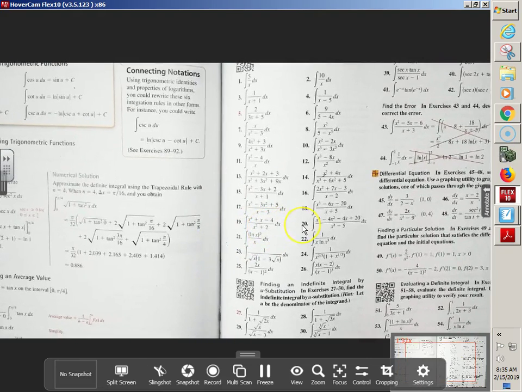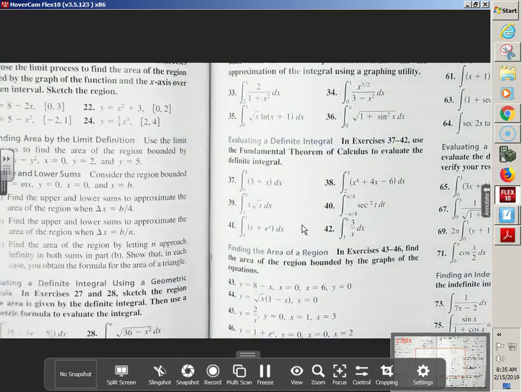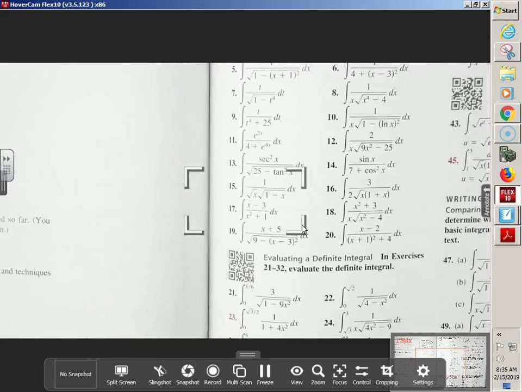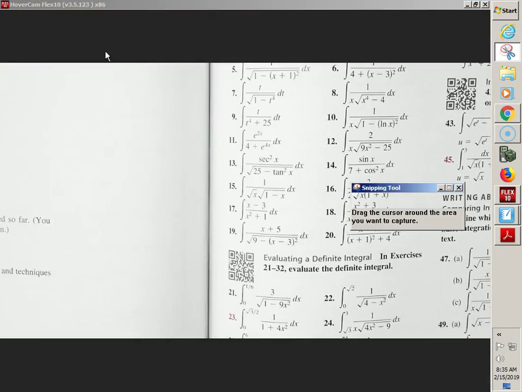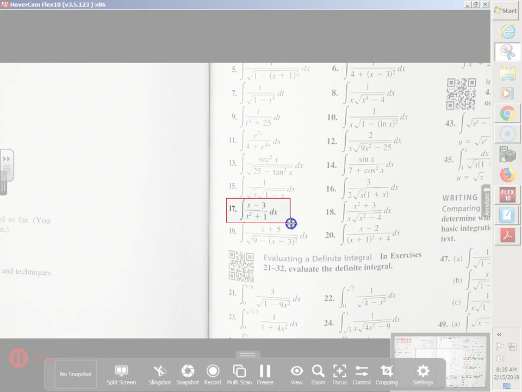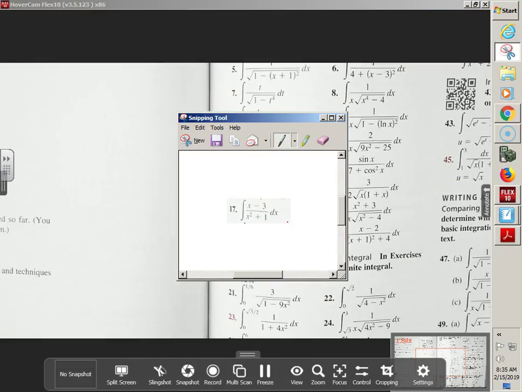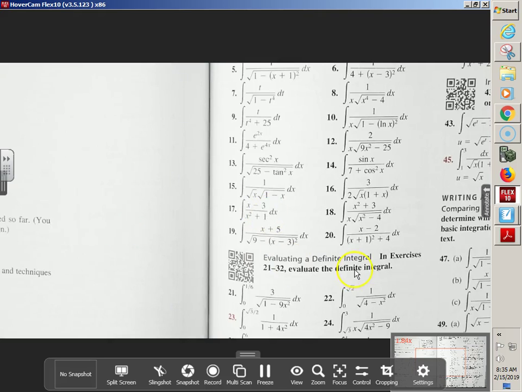Okay, number 17. Am I in the right section? No, I'm not. That was an improper fraction, you should divide. Okay, number 17. Now I see it. Not an improper fraction, so we shouldn't divide. But why am I going to say split up? Huh. We'll get back to it. After number 17, I think 31 was the next one. Is that right?